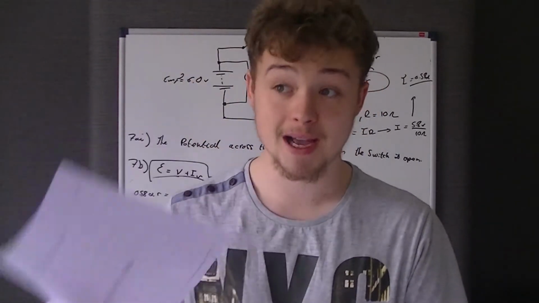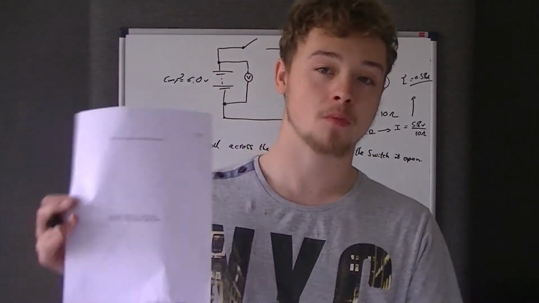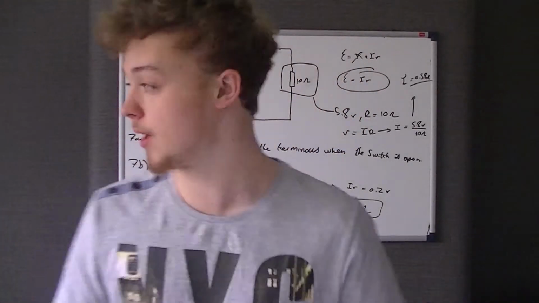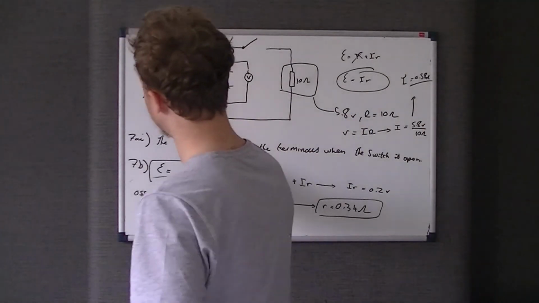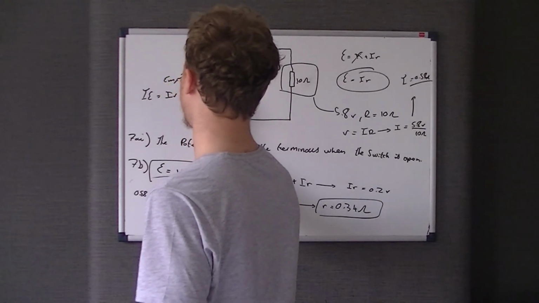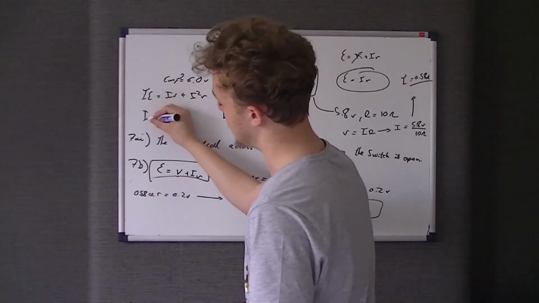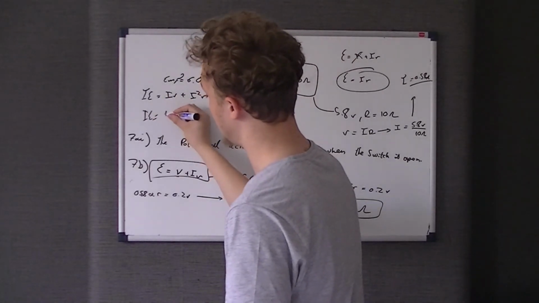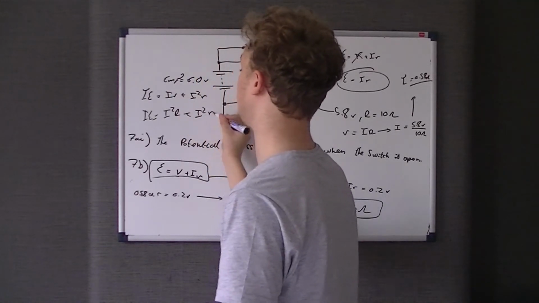If we have a higher internal resistance, then more of the power is wasted. Because when we times this all by the current, we get IE is equal to IV plus I squared r, or in other words, IE is equal to I squared R, big R, plus I squared r, little r. It's totally up to you.